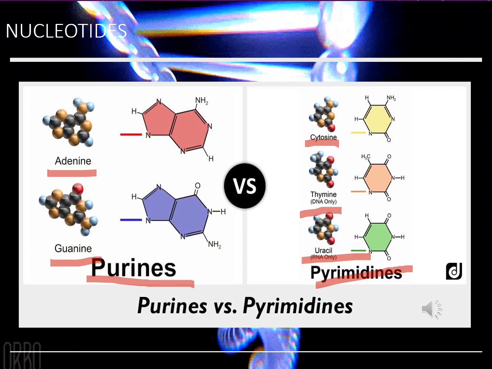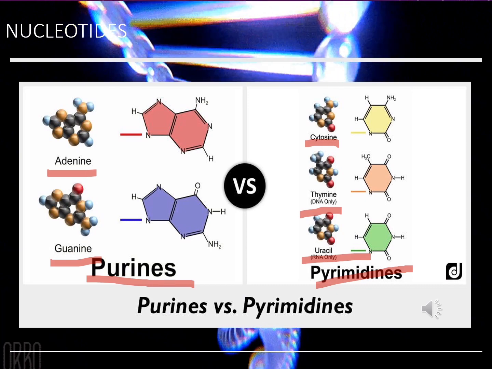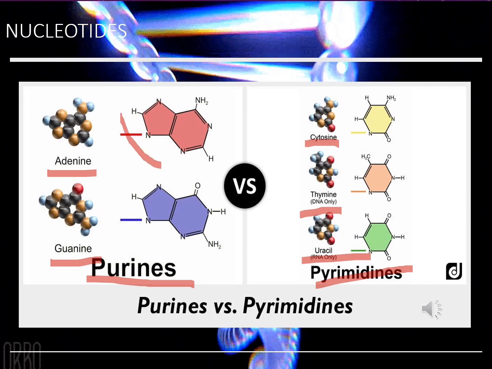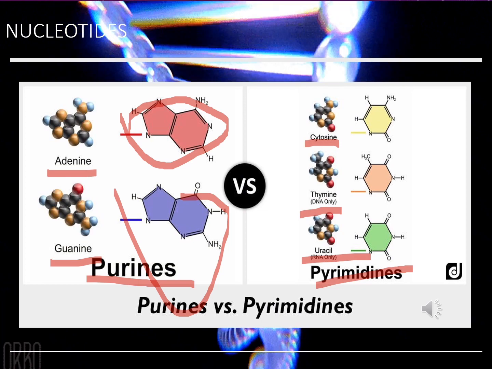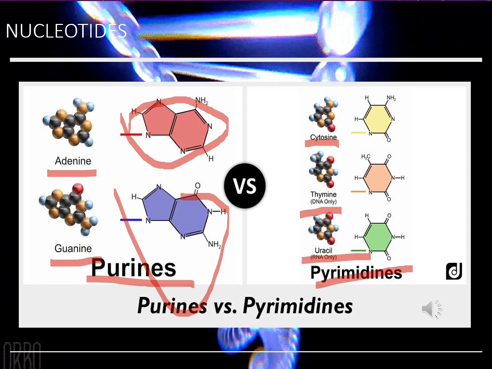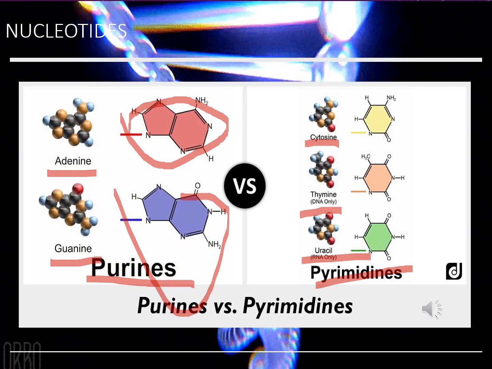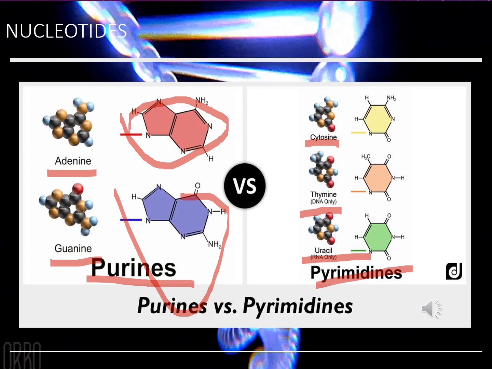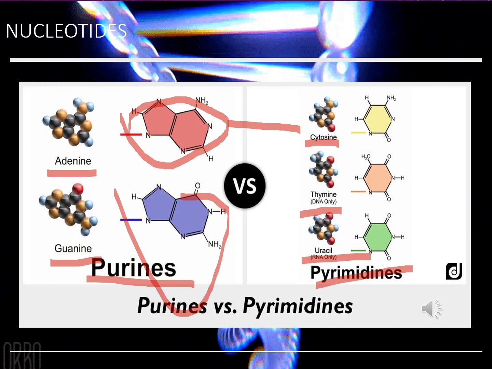So basically, the adenine or the guanine, which are purines, have 2 fused rings. They have to be connected with 1 ring. So each 2 rings have to be connected with 1 ring.